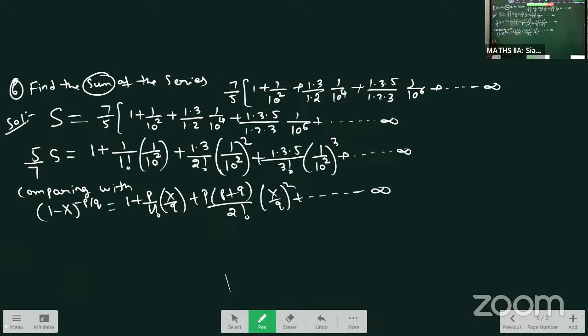First compare LHS. 5 by 7 S is equal to 1 minus x to the power minus p by q. Take it as equation 1.